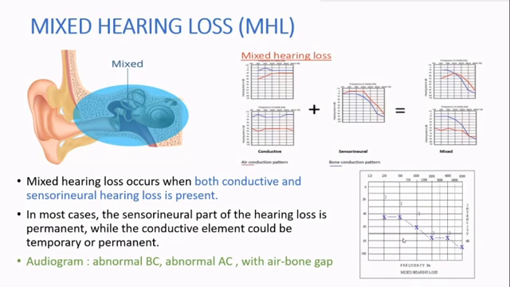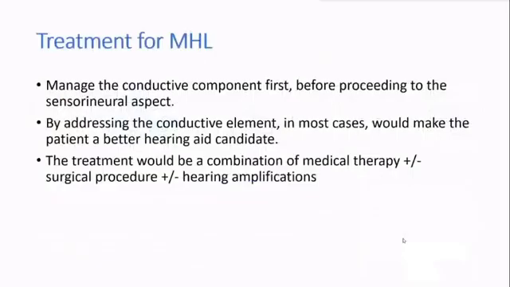Most of the time, the conductive part of the hearing loss can be managed medically or surgically, and can be reversed. However, the sensorineural part of this mixed hearing loss is permanent. So we eventually need to rehabilitate the patient if the patient wants. We usually manage the conductive component first.